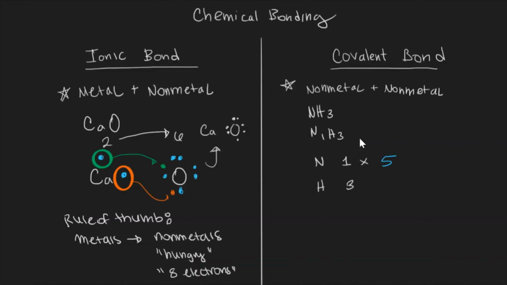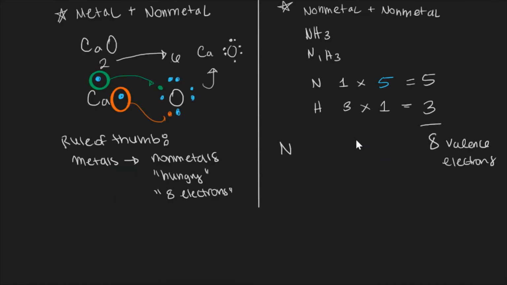Nitrogen has 5 valence electrons, so that gives us a total of 5. Now, hydrogen has actually 1 valence electron. So that gives us a total of 3 valence electrons. And as a complete total, we have 8 valence electrons that we're working with. In essence, we have 1 nitrogen and we have 3 hydrogens.